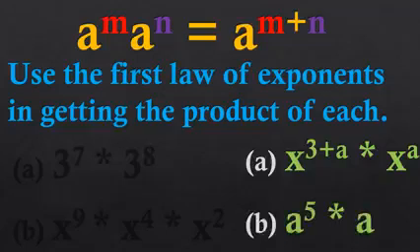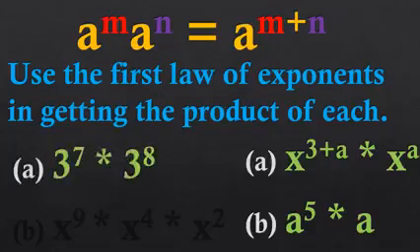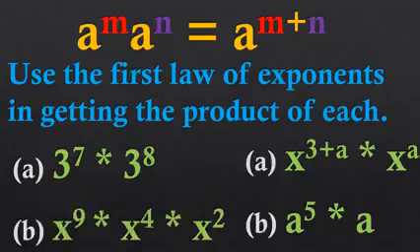B, we have a raised to the 5th power times a. Another example, we have 3 raised to 7 times 3 raised to 8. And B, we have x raised to 9 times x to the 4th power times x squared. So we will find the product of each example using the first law of exponent.